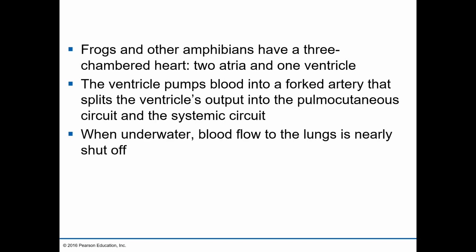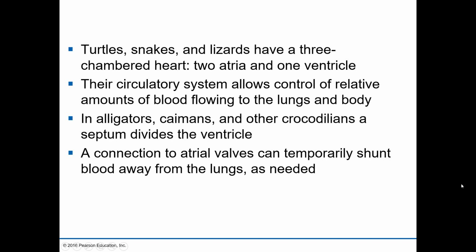Frogs and other amphibians actually have a three-chambered heart, 2 atria and 1 ventricle. The ventricle pumps blood into a forked artery that splits. Basically when they're underwater, blood flow to the lungs gets shut off. So they're intermittent, and it's mainly aquatic animals that would have this intermittent breathing.